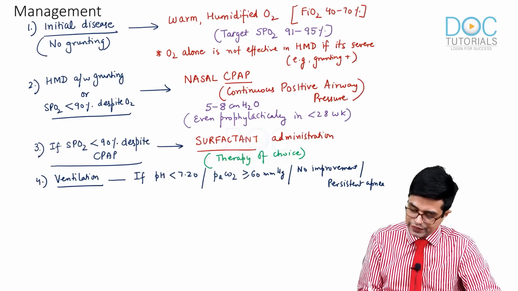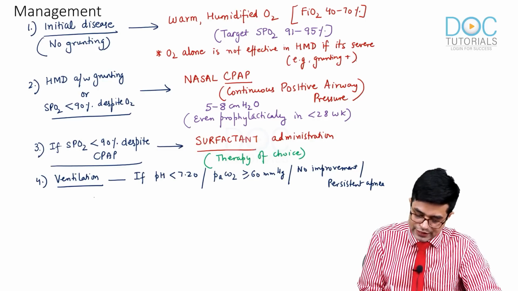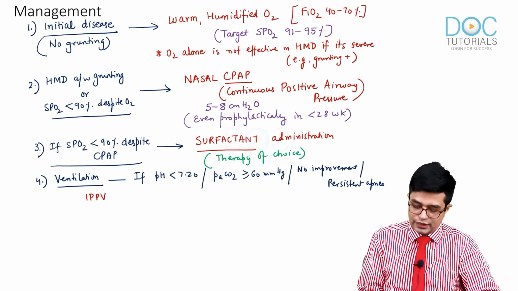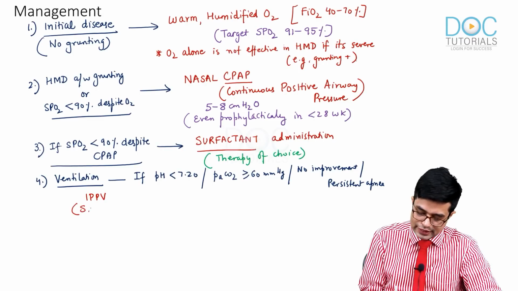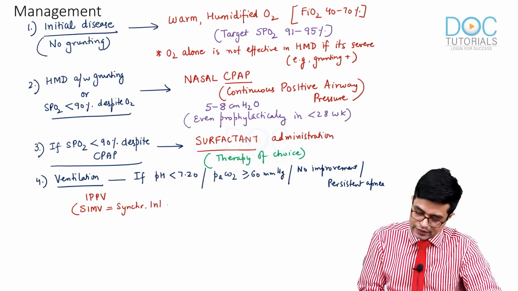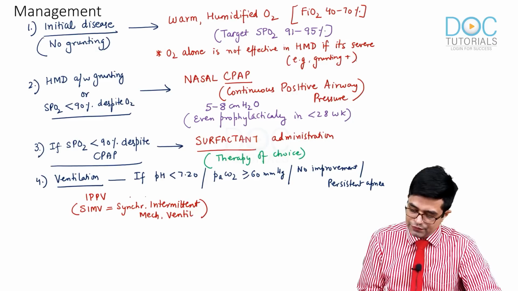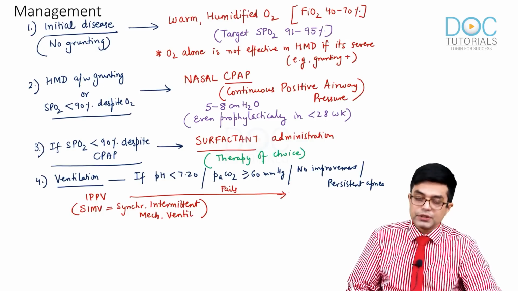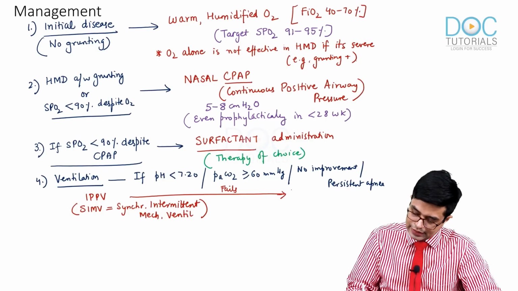So initially, how do we ventilate the children? Initially, we start with IPPV, intermittent positive pressure ventilation. The mode is SIMV. SIMV stands for synchronized intermittent mechanical ventilation. And if IPPV fails, we move towards the last step in the management, that is HFOV.